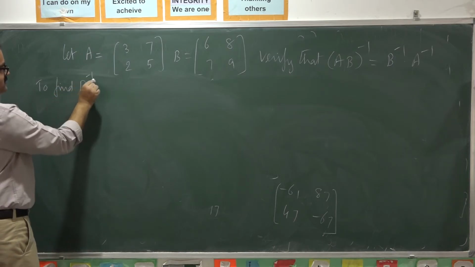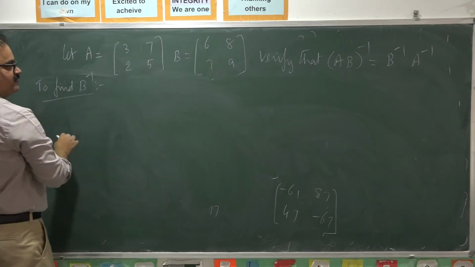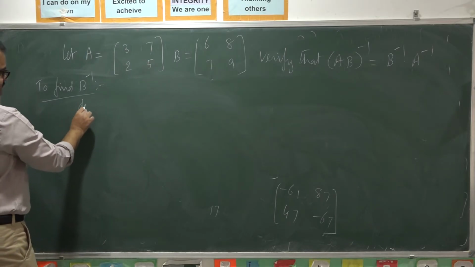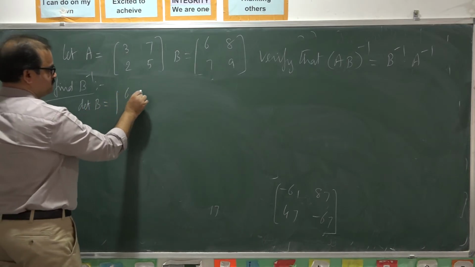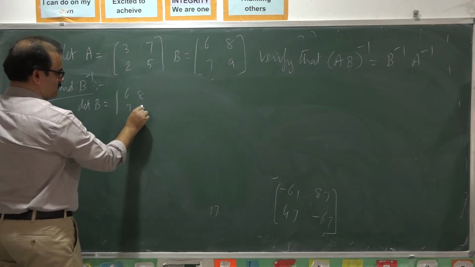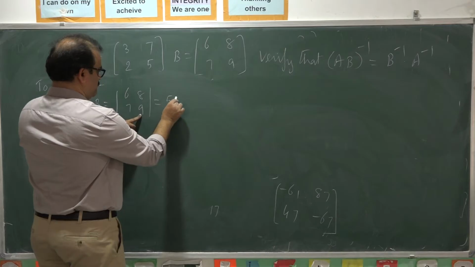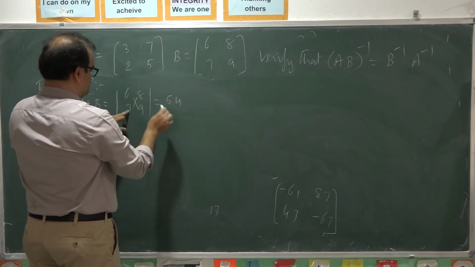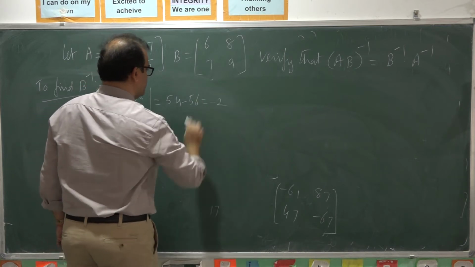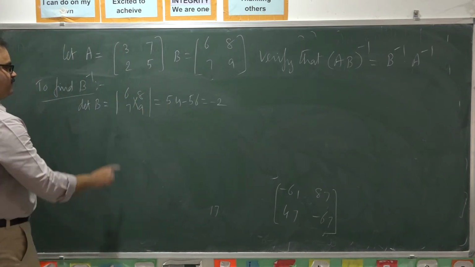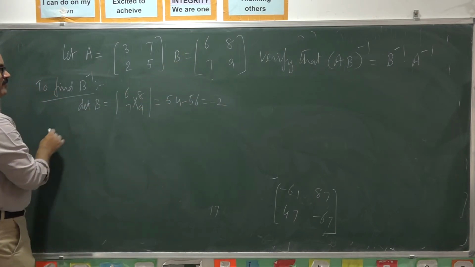To find B inverse, that is the given, first you find det B. Det B is equal to 54 minus, this is minus 2. Next you find adjoint B. You find the cofactors of all the elements in the matrix B.